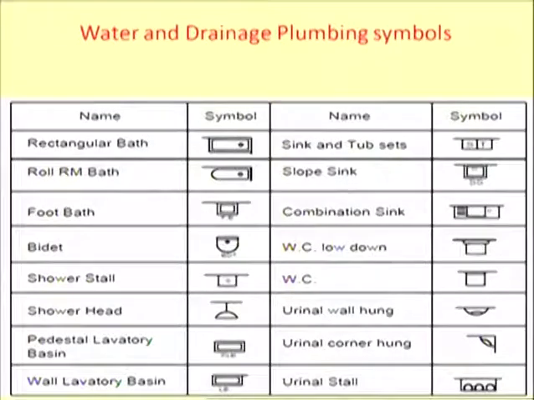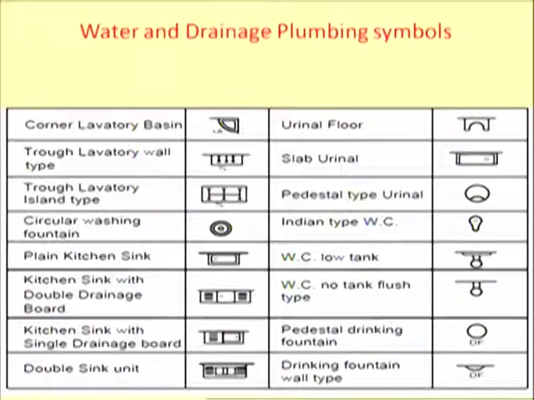Then we started with the water and drainage plumbing symbols. These symbols like bath, foot bath, bidet, shower, pedestal, wall lavatory basin, sink, tub set, slope sinks, combination, WC low down, WC means water closet, then urinal wall hung, urinal corner hung, urinal stall.